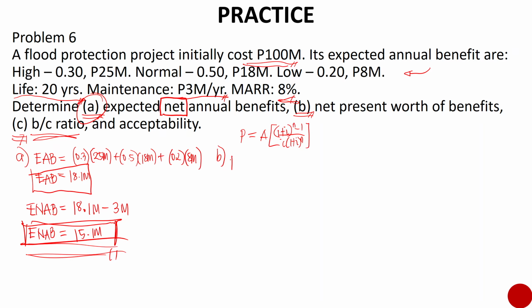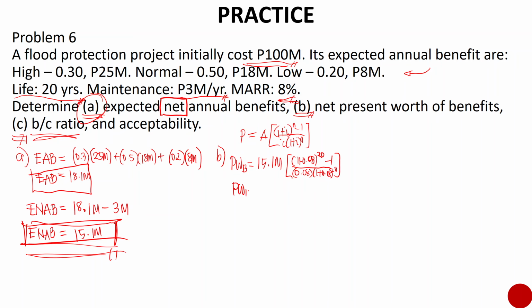So for our present worth of benefits, since we already have our ENAB, the expected net annual benefit, we have 15.1 million pesos times [(1 + 0.08)^20 - 1] / [0.08(1 + 0.08)^20], where the MARR is 0.08 and N is 20 years. All right.